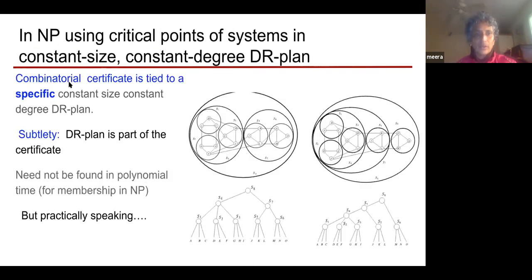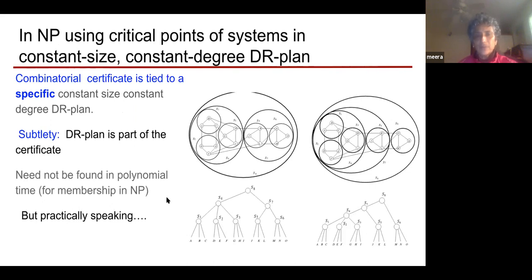So the constant size DR plan, you should realize that, in a way, when somebody gives you the Henneberg 1 construction or the tree-decomposable construction, that's automatic. But the DR plan is itself part of the certificate. So finding the DR plan is itself a hard problem.